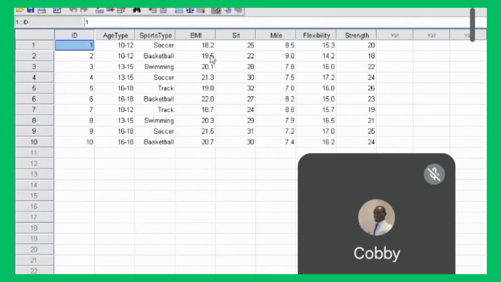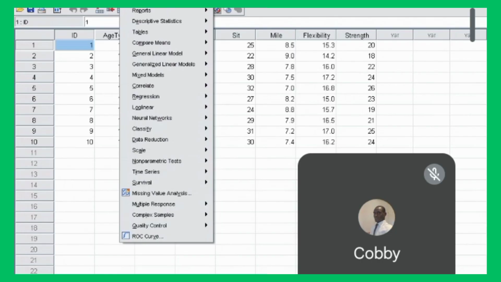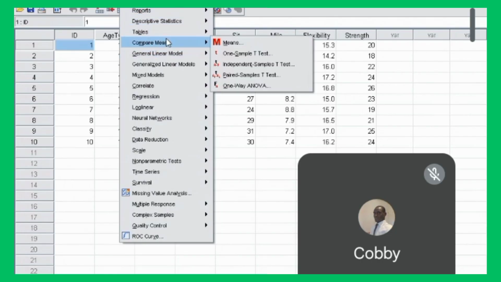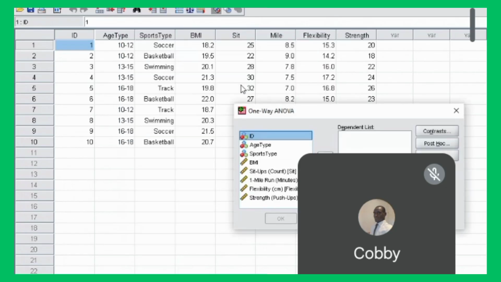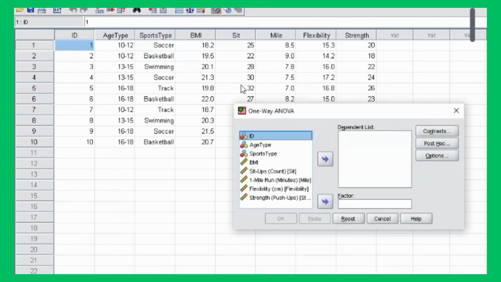Okay. So go to Analyze, Compare Means, and choose One-Way ANOVA. You can see here there is a dependent list.